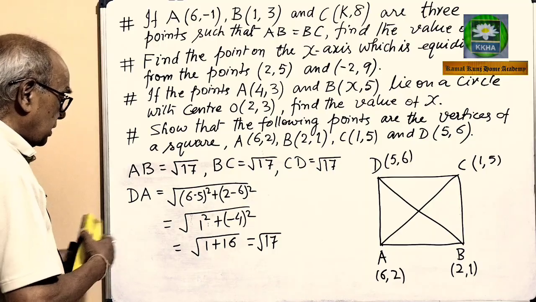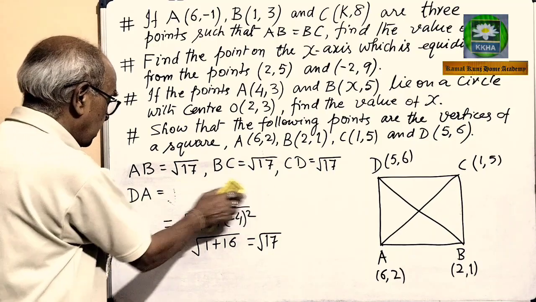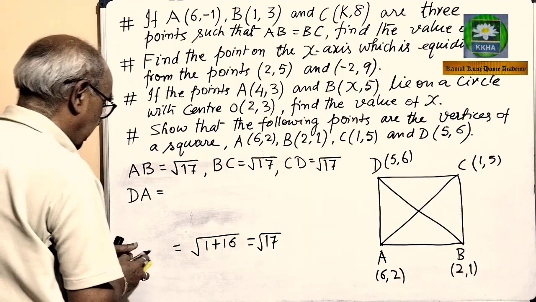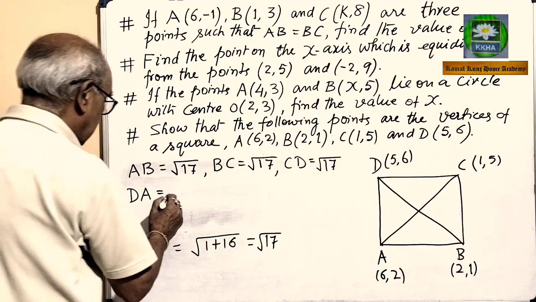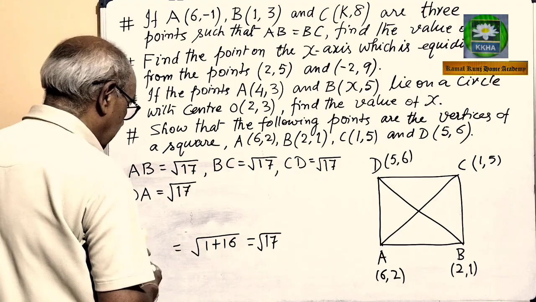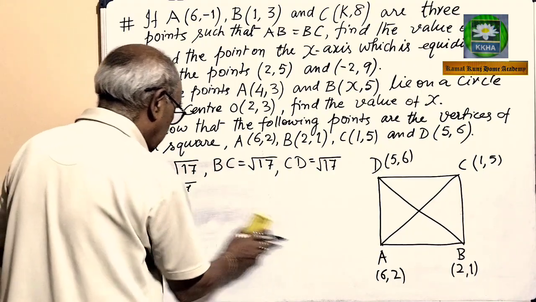So side DA is also under root 17. Now let us find the two diagonals.